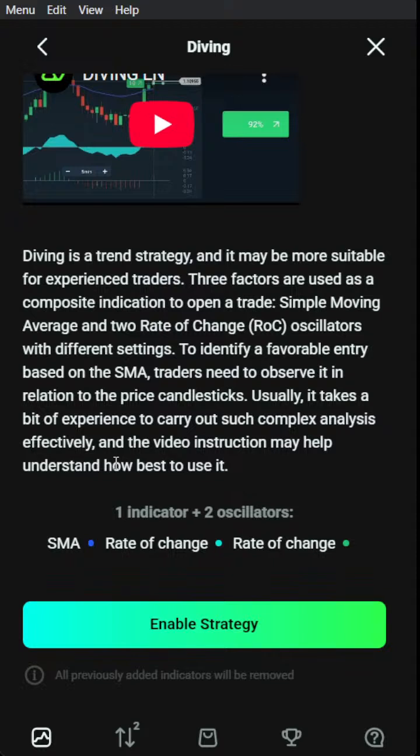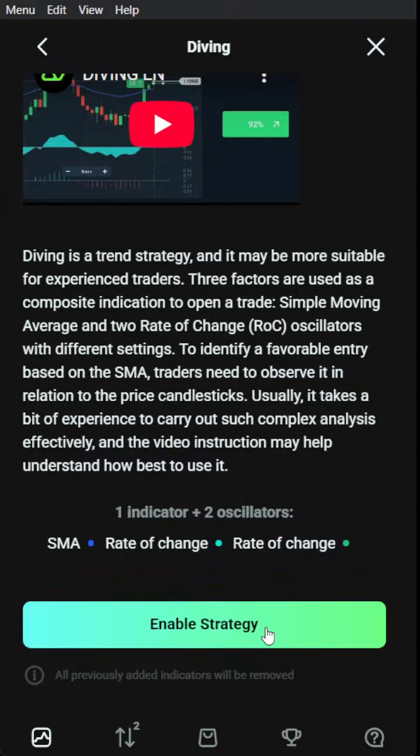3 factors are used as a composite indication to open a trade: simple moving average and 2 ROCs with different settings. To identify a favorable entry based on the SMA, traders need to observe it in relation to the price candlestick. Usually it takes a bit of experience to carry out such complex analysis effectively. So first of all, we understand that there are 3 things in this.